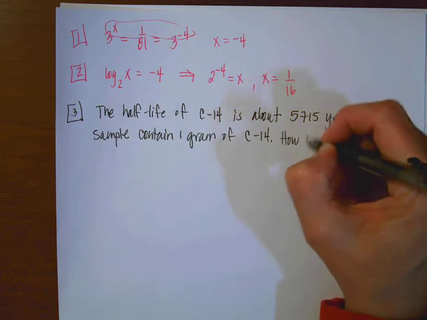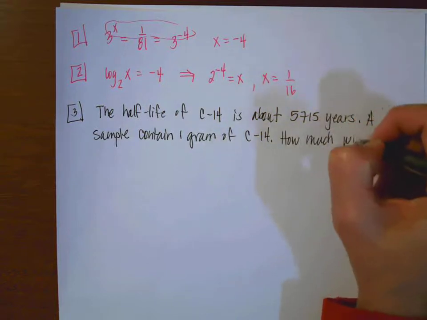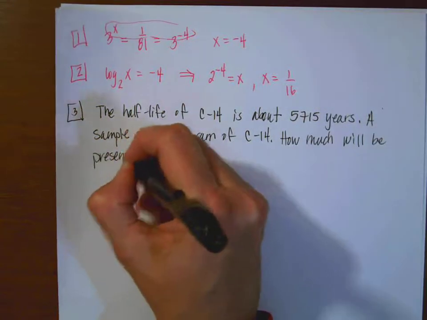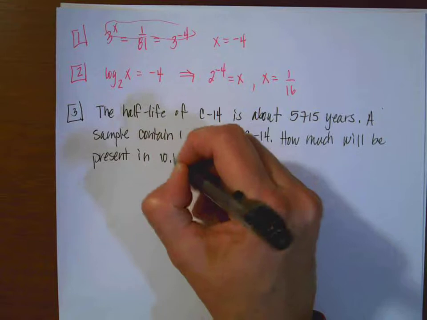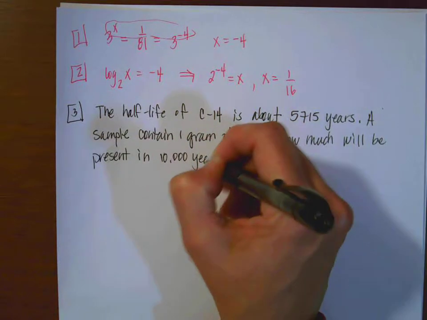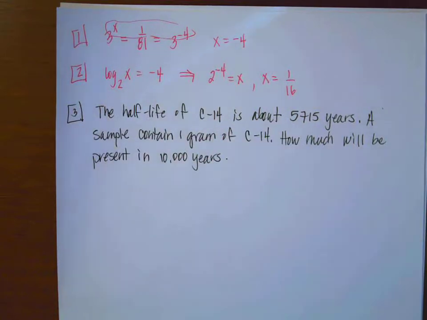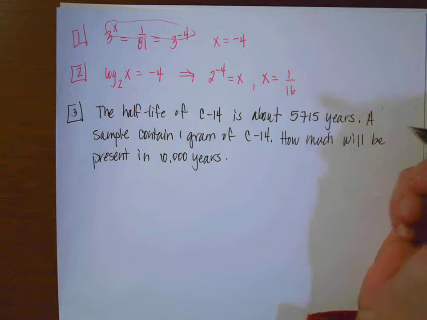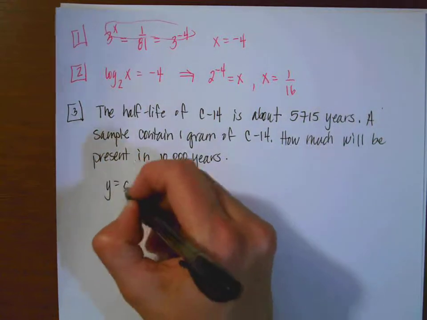So I'm going to have a sample that contains 1 gram. How much will be present in 10,000 years, which seriously hurts my head because that's a really long time from now. I would be really gray by then. And I would say that this is inconceivable.